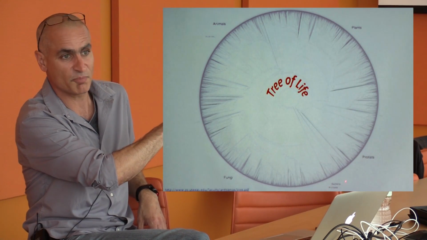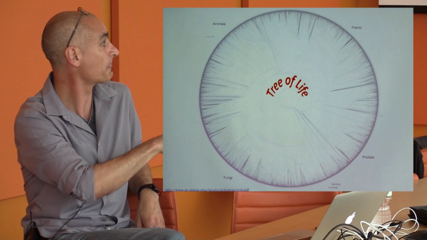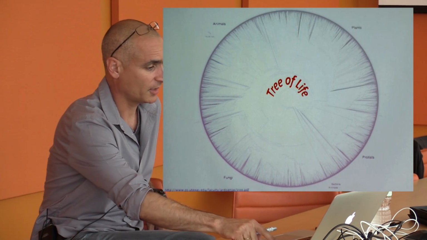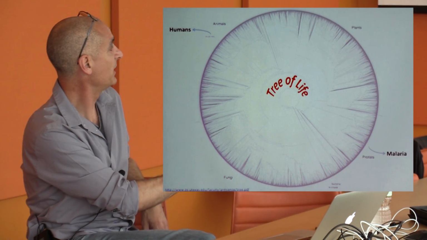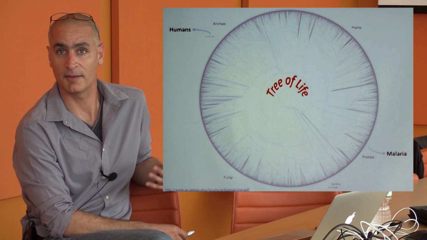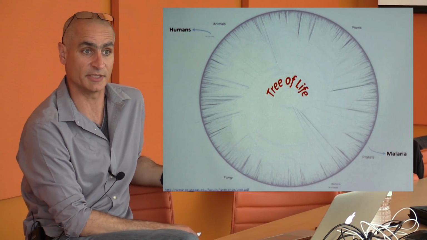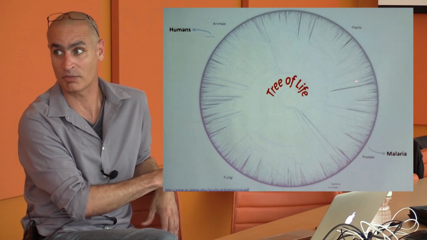This is just a really small snippet. These would actually expand much larger if you open this tree up. In fact, humans are all the way up here, and malaria is right down here. One thing that's really important to point out is that the bulk of diversity on Earth doesn't come from animals. It doesn't come from multicellular organisms, which we are.